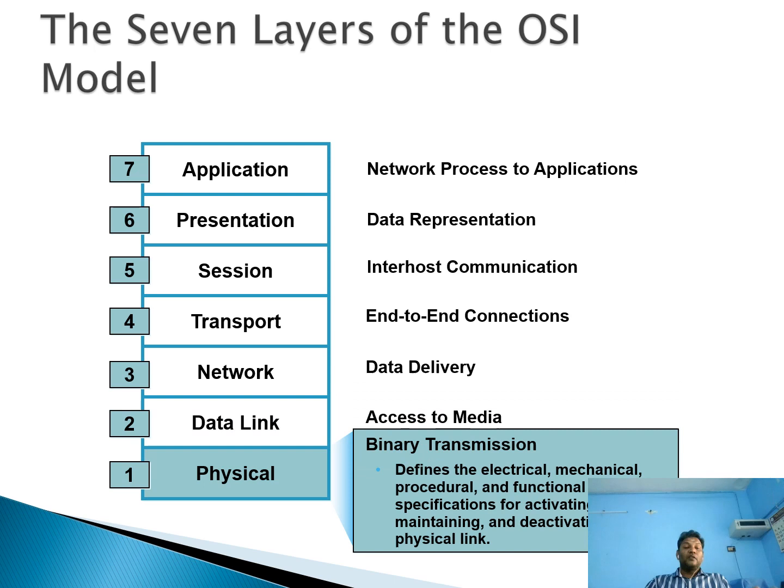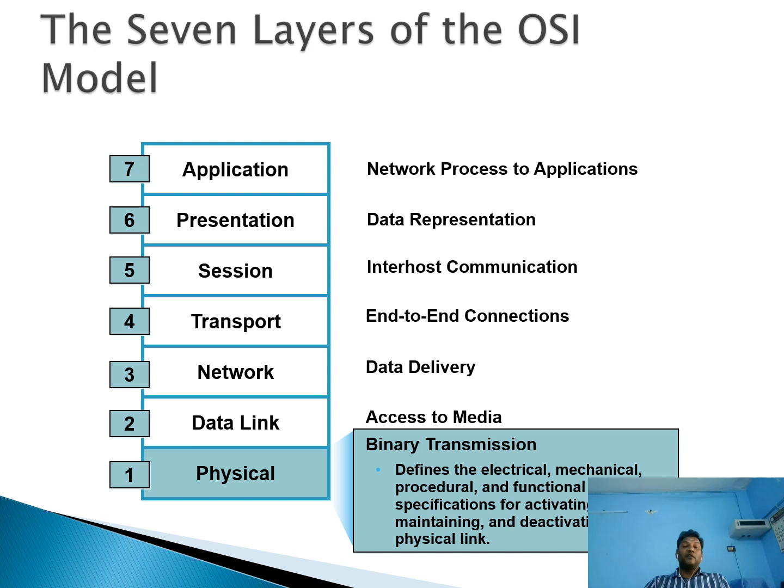Next, we go to transmission, that means the physical layer, binary transmission. This is the electronic and mechanical procedure, that is the functional specification for activating, maintaining and deactivating the physical link. The physical layer determines what type of medium we are going to use to send the data from one place to another.